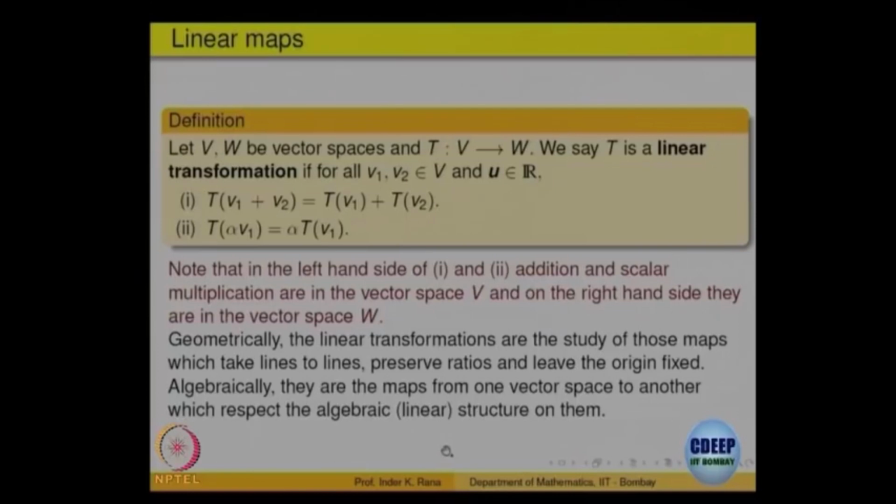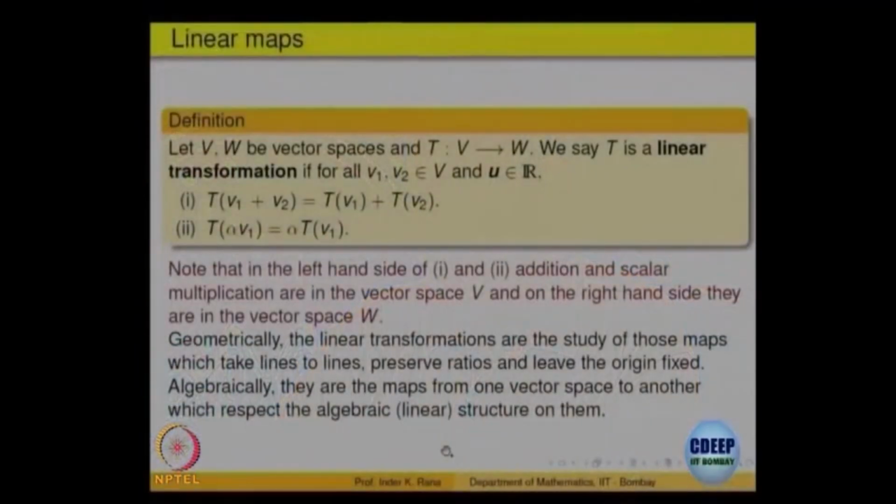And this phenomenon comes in a lot of branches of mathematics, whether you study group theory, here we are studying vector spaces. Whenever there is a set and there is a structure, one studies maps between those two structures, and if they preserve the structure, those are the important aspects. That is what the whole of mathematics is about. You take a set, put some structure on it, you get an object, and look at maps between these objects.